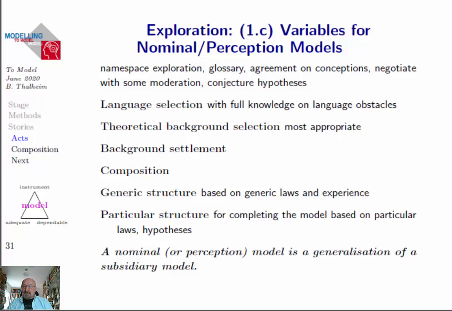Maybe it's coming already together with the origin, but it will be a part of the deep model. Then we can go for composition, to have a generic structure, to have a particular structure, and finally we have a model that is a generalization of a subsidiary model.